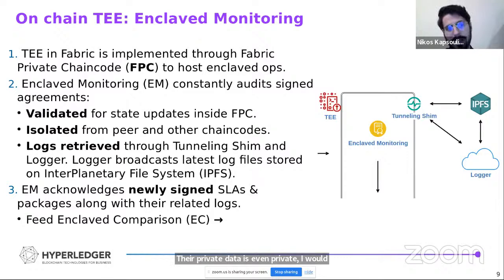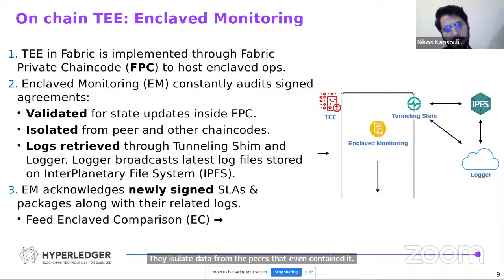So this is the logic of the FPC. I will rephrase this: the chaincodes that run inside the FPC, which is a deployment of trusted execution environment on Hyperledger Fabric, isolate data even from the peers that contain it.